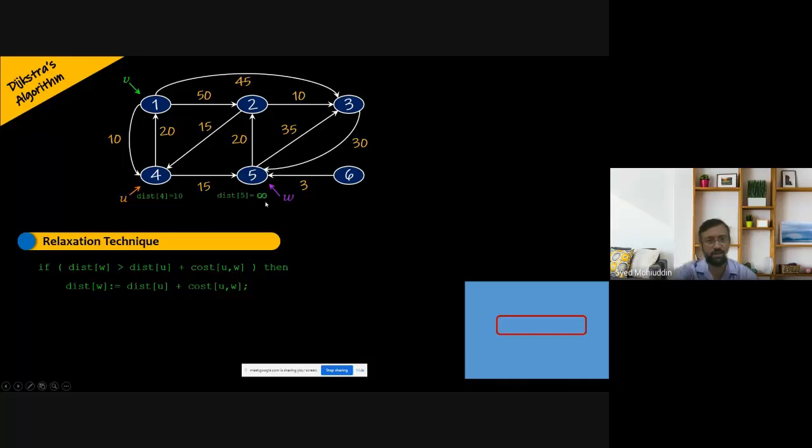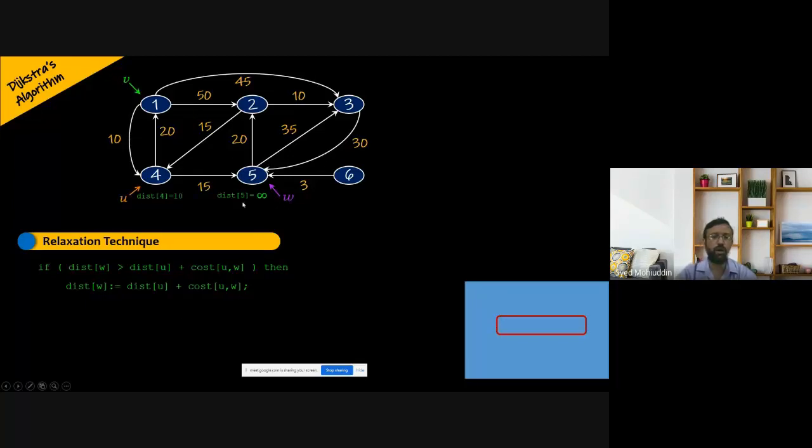As we have seen in the previous example, we cannot reach 6 from 1, so it's infinity. The same way, at this stage, we cannot reach vertex 5 from vertex 1 directly. So it is infinity. Now let us put this into the equation.